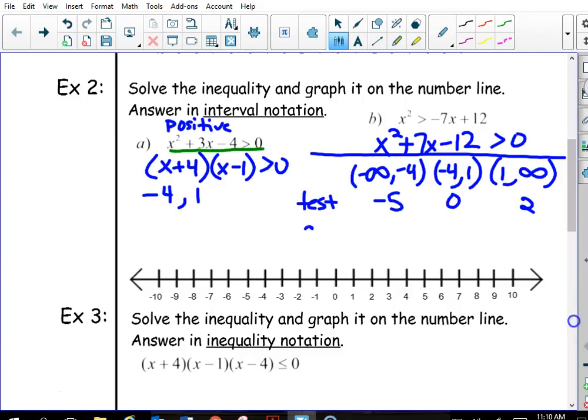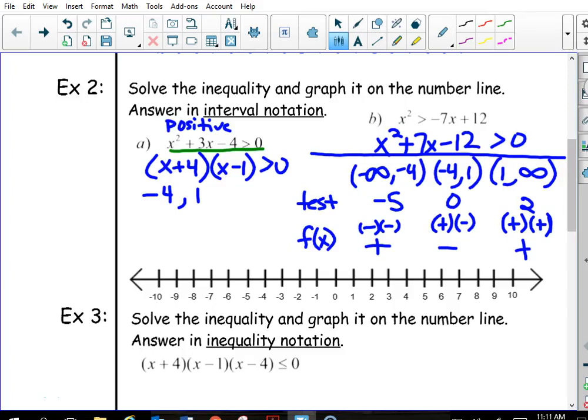I'm just going to write f of x here, and when I plug in a negative 5, I get a negative and a negative. So I multiply that, I get an overall positive. I plug in a 0, I get a positive and a negative, and that gives me an overall negative. And then plug in a 2, I get a positive and a positive, which also goes positive.